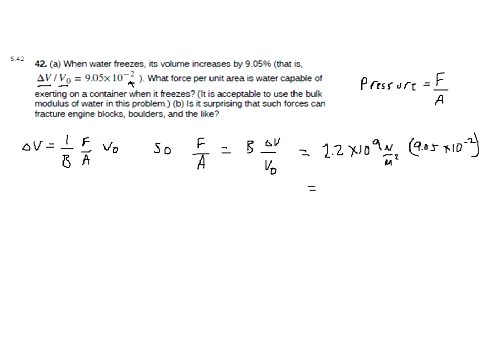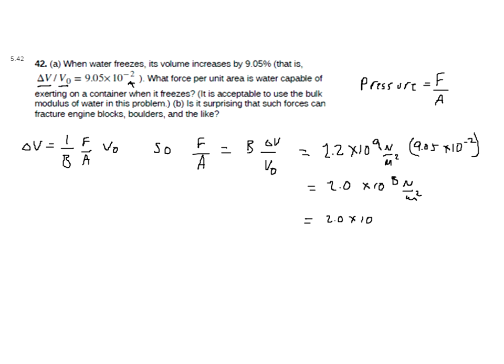So if we plug all that stuff in, we come up with 2 times 10 to the 8th newtons per square meter. That's a huge number. Let's get that into something, square centimeter.